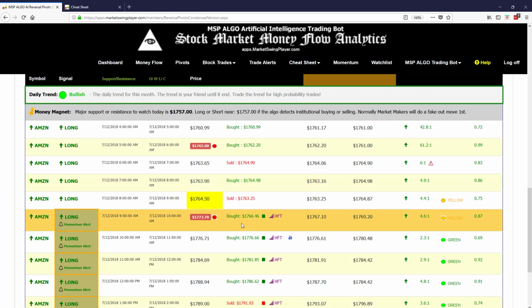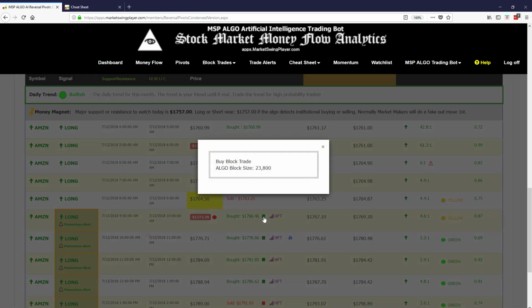Before I investigate that, let me look at whether these are the buy block algo blocks. These are algo-created blocks, created by MSP ALGO, considering we do not follow block trades at all.